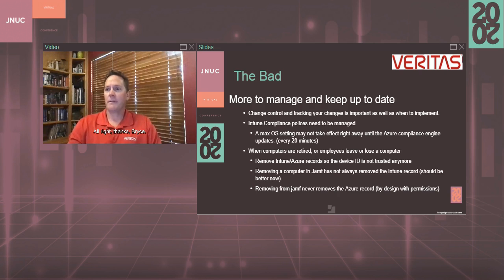All right. Thanks, Bryce. So, more things to keep up to date. If you want to put a minimum OS restriction or a maximum OS restriction and keep those fairly tight because a new update to the OS needs to be tested because of your security software, for instance, you may want to limit 10.15.2 as your max OS until you know 10.15.3 is good.